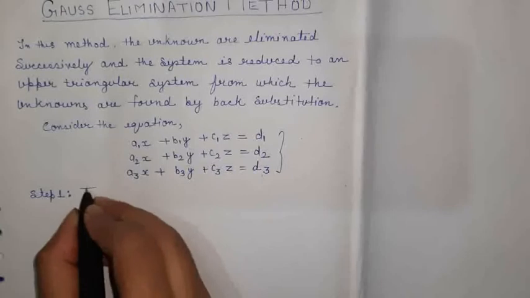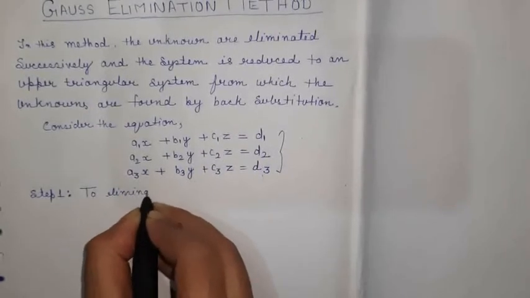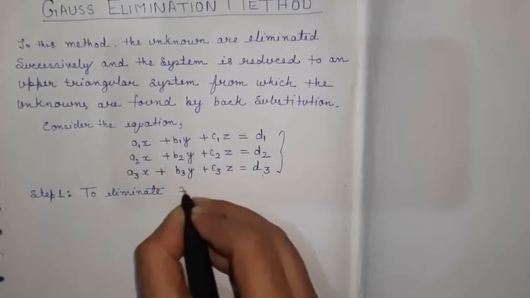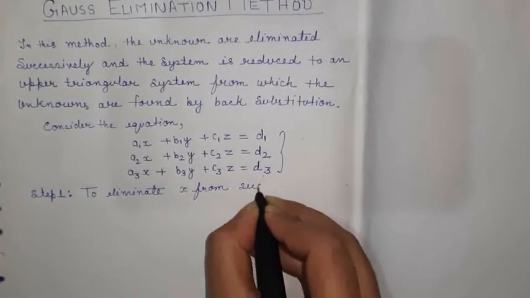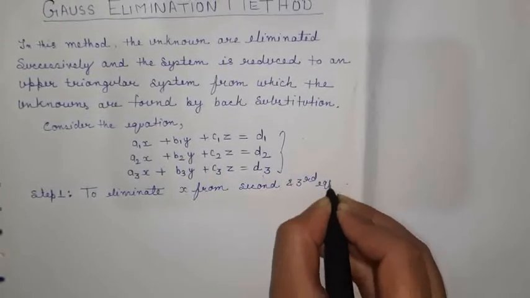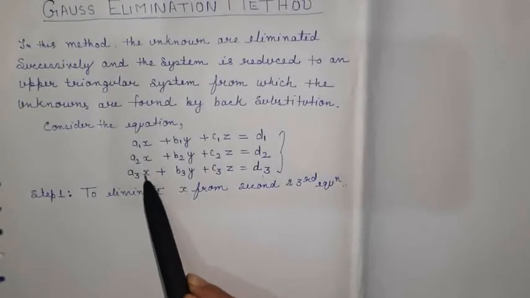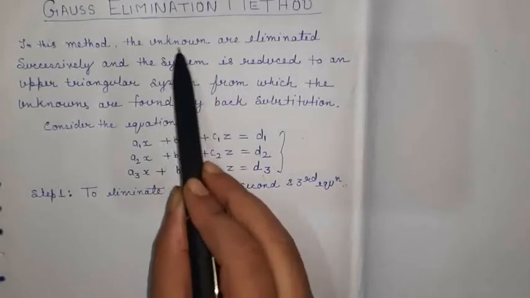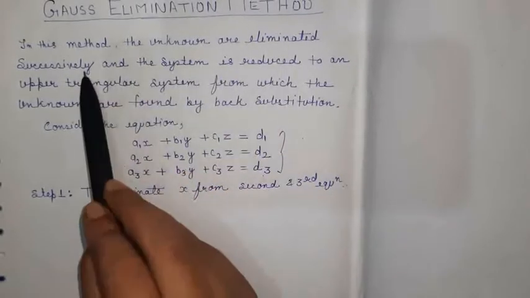So our first step is to eliminate x from the second and third equation, because I have explained that the unknowns are eliminated successively.